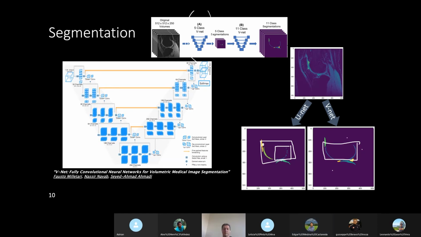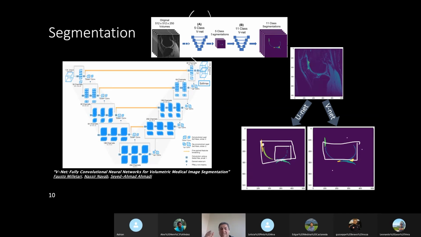I think that when we tried to train the 11 class segmentation right away, it was overfitting quite a bit. It was too big of a model and too many classes for the network to train. So the results were not very good, especially in terms of the laterality.